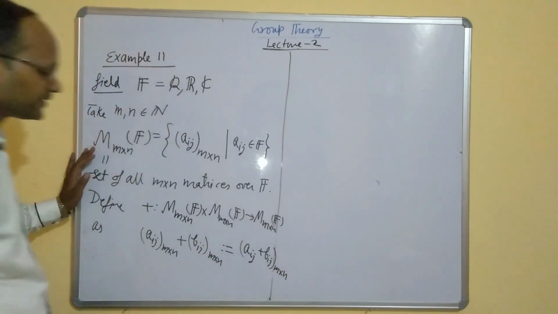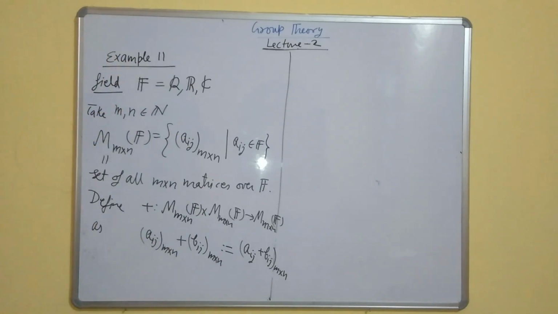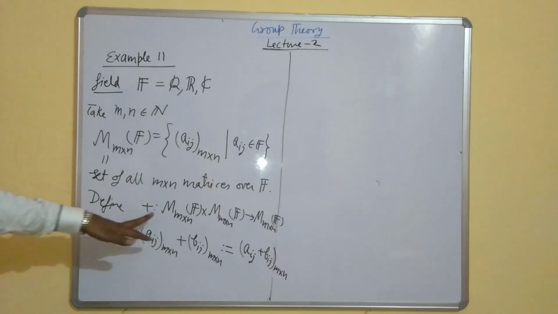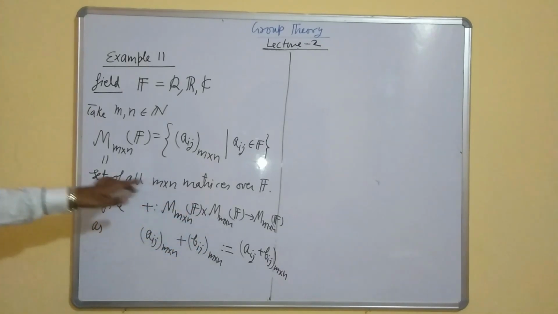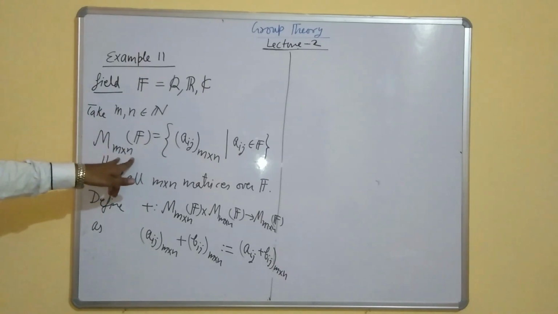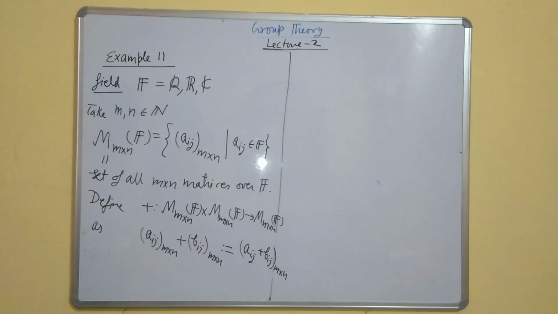So you will get a new matrix after adding. This is nothing but the addition of two matrices. You know it very well. So addition of matrices is a binary operation on the set of all matrices of size m cross n. If you add two matrices of size m cross n, you will again get a matrix of size m cross n. So it is a binary operation.